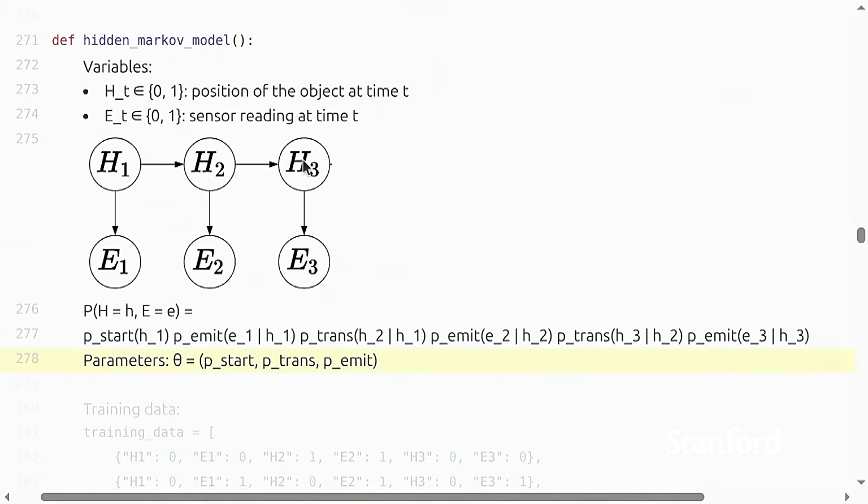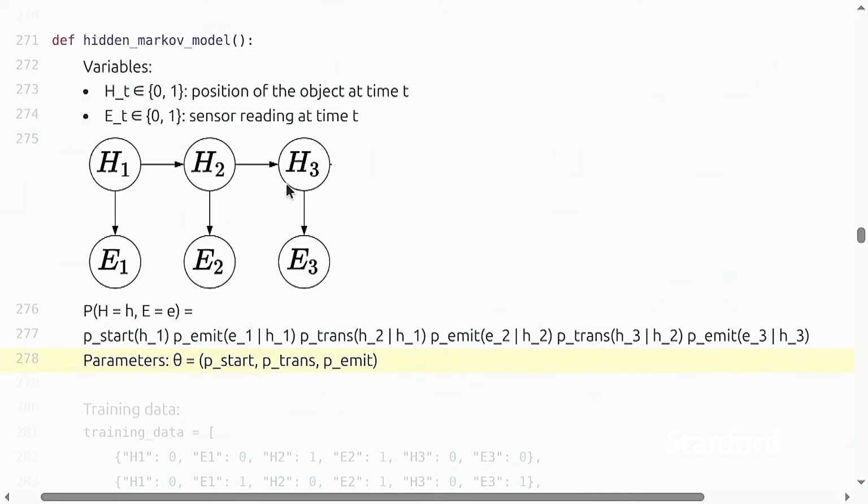And then for every time step, except for the first one, I'm using the same transition between the previous state and the current state. So the way I would say it is that each h is given by a distribution conditioned on its parent.